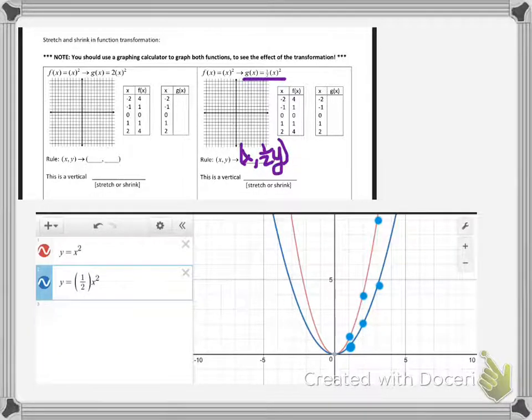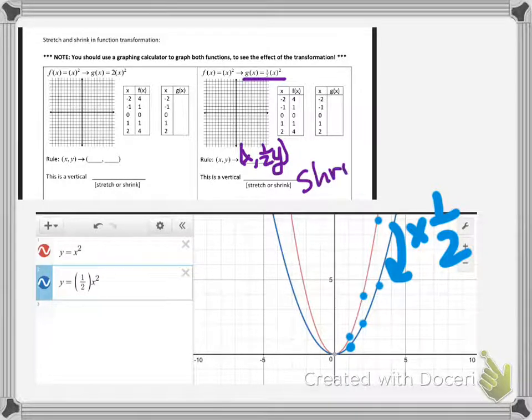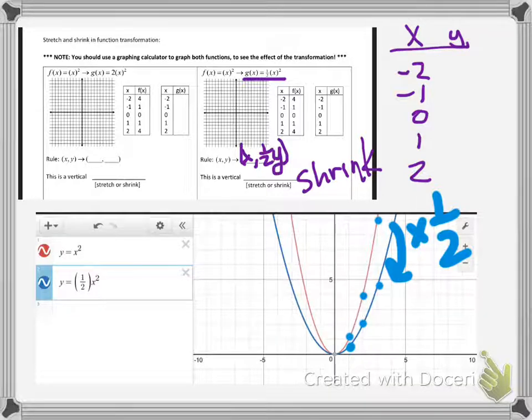So everything has been shrunk by 1/2. This is a vertical shrink. And our table will look something like this. Instead of 4, we'll have 2.